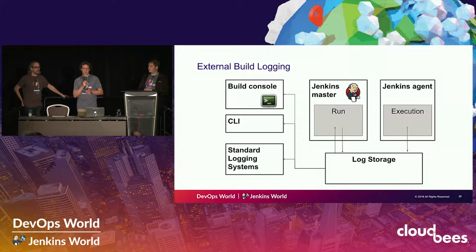And in this case, it's set up so that any log output which is produced by a process running in an agent machine is going to get streamed to the log service directly from that machine. So it never has to go through the Jenkins master at all. So that cuts back on quite a bit of disk I/O, network I/O, and processing on the Jenkins master side.